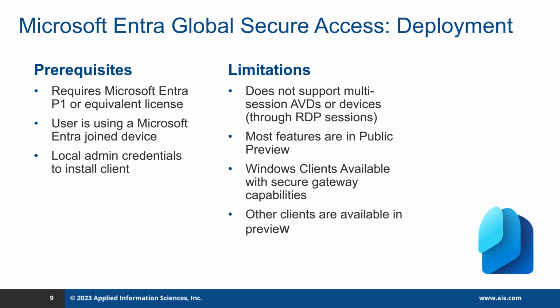Some limitations: it does not support multi-session AVD or devices, so any RDP sessions that allow multiple users to be logged on at the same time. And currently, internet access controls is only available for Windows and Android devices. The client is, however, available for Windows, Android, iOS, and macOS.